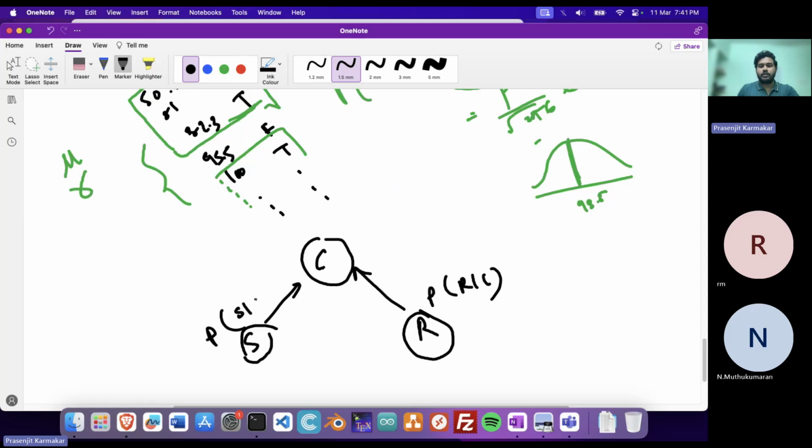Probability of S given C, we know. Probability of C, we know. Probability of S, we know. From the data, we can get these things: what is the probability of sprinklers firing, or what is the probability of rain? That can be directly computed from the data.